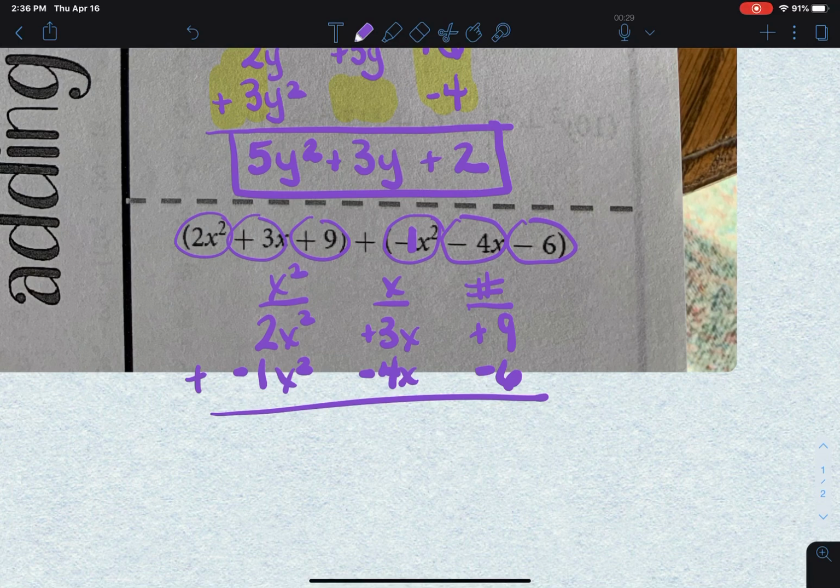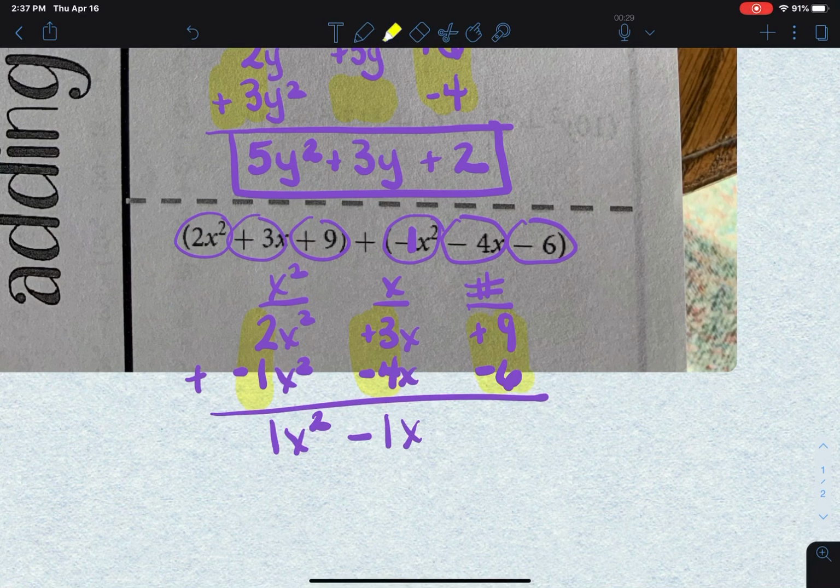And now I can start to go through and total. So in the first column, 2 and negative 1, when I added them together, would be 1. So 1x squared. Positive 3 and negative 4, it's negative 1x.